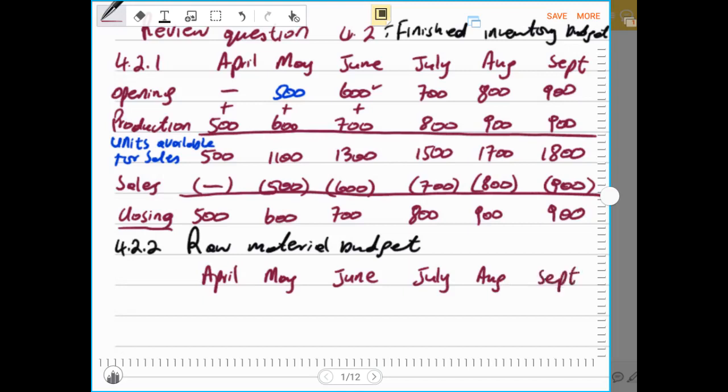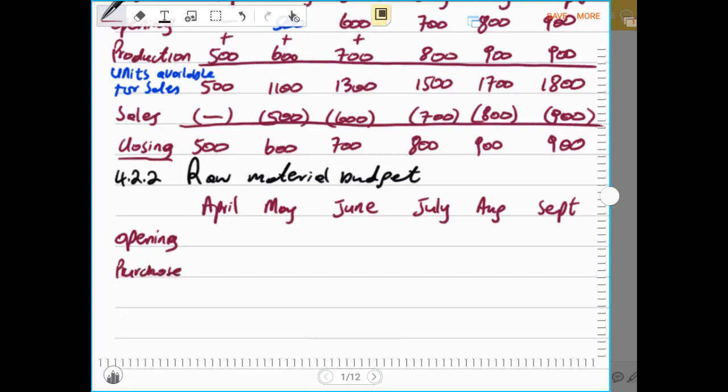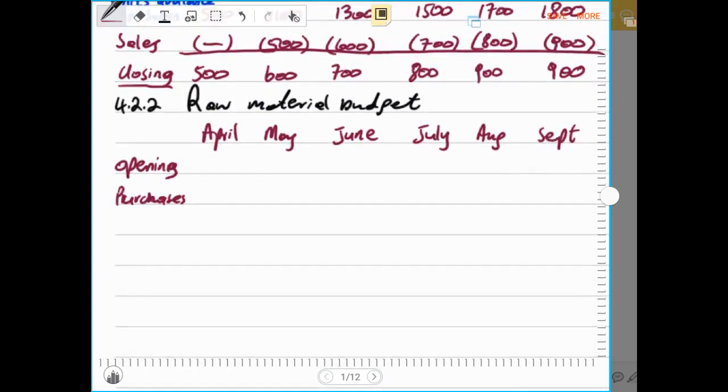So now these are the months that we have, and we always start with the opening. Then from the opening we say purchases in this case, because we are purchasing raw material here from the suppliers. Purchases. Then after, we will have material available for production.